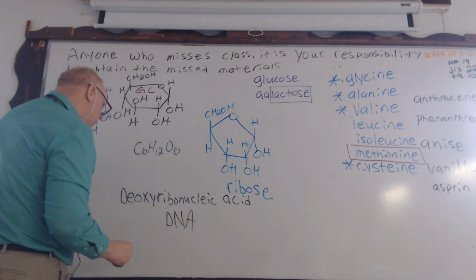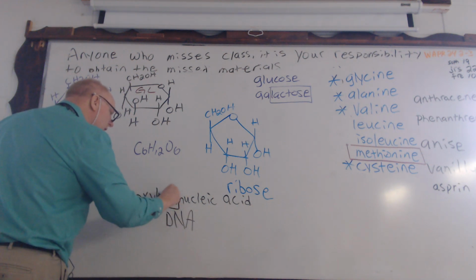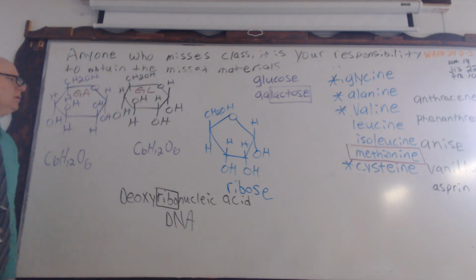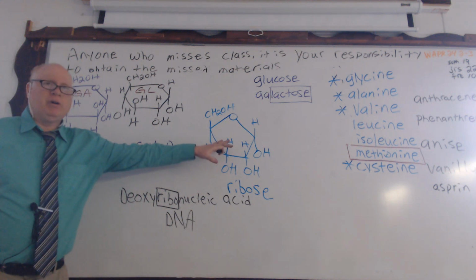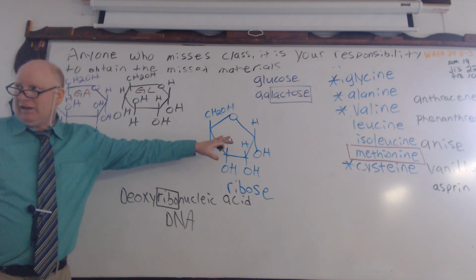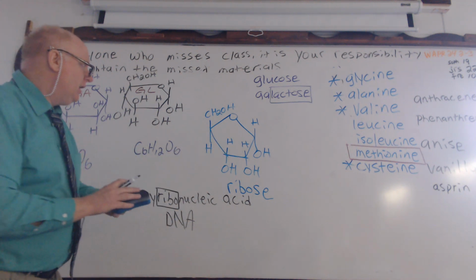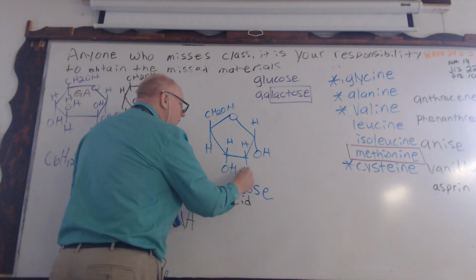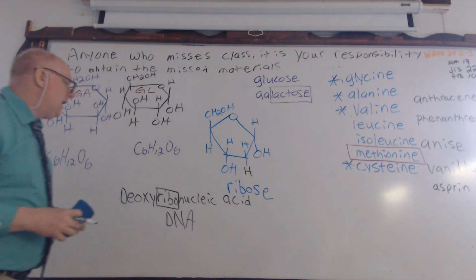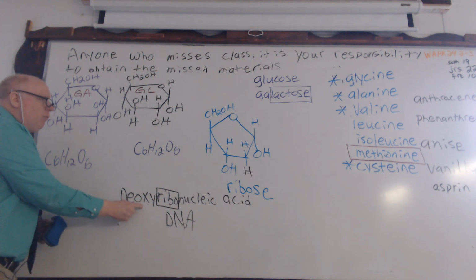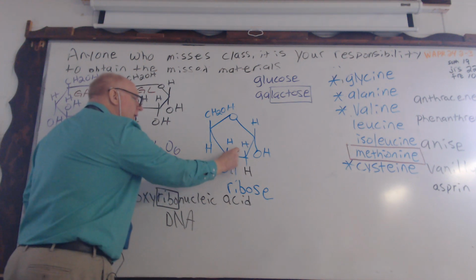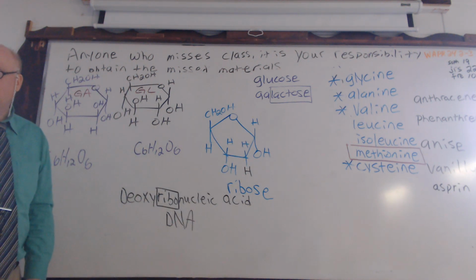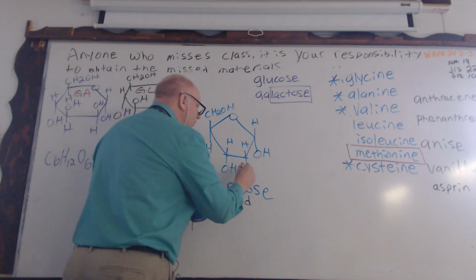Okay. Notice this is based off of this sugar, ribose. Okay. So this is the sugar ribose, but when we talk about deoxyribose, that means that at another one of these sites, this one right here, when we say deoxyribose, it just means that one of those oxygens is taken off, and it's at that site that this is deoxyribose, and this is the sugar ribose.